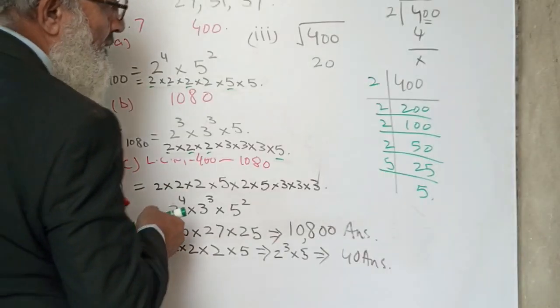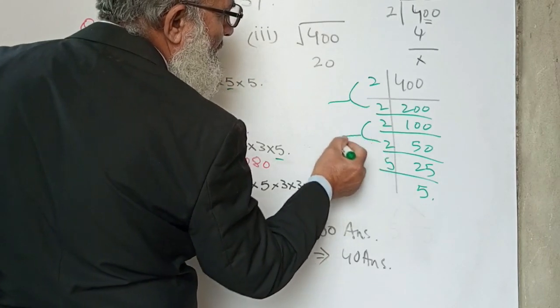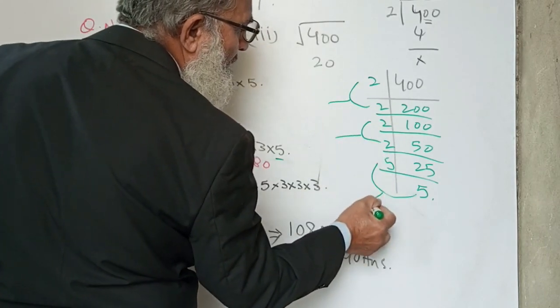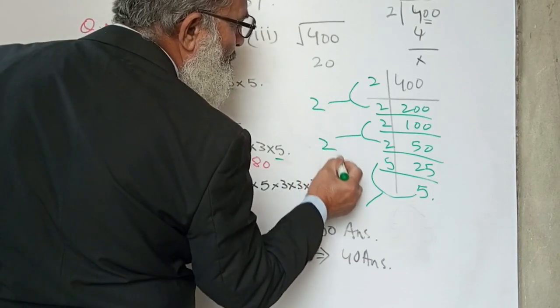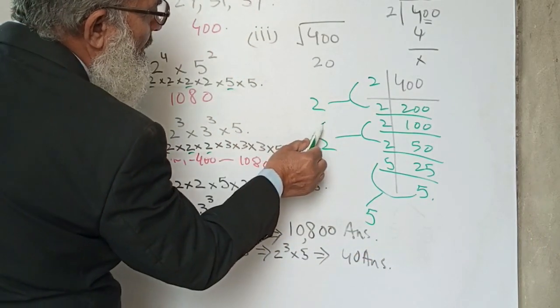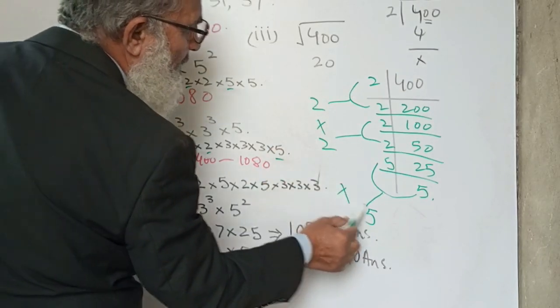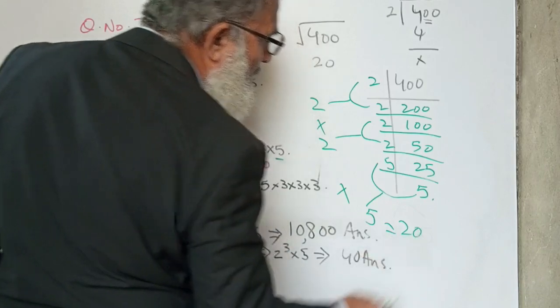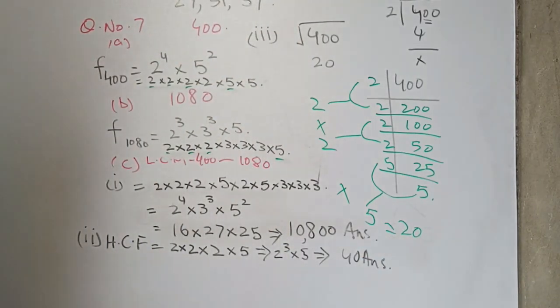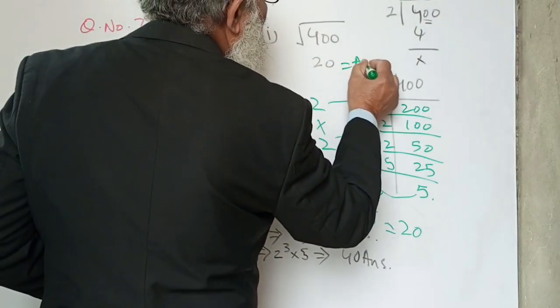We have to pick 1 out of the 2s because it is a square number. 2, 2 and 5. So what will it become? 2 multiplied by 2 is 4, and 4 multiplied by 5 is 20. So this is our third answer.